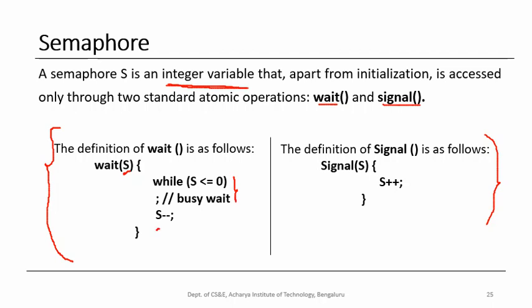Otherwise, wait decrements the value of the semaphore by 1. That means if the value of the semaphore is 1, then it makes it 0 after the execution of wait. Similarly, signal will simply increment the value of the semaphore by 1. So if the value of the semaphore is 1 and signal is executed, the value becomes 2. You have to understand this clearly to understand how a semaphore could be used to synchronize the execution of cooperating processes.